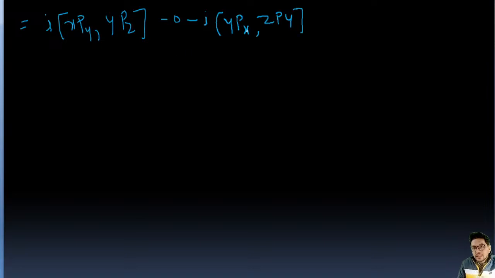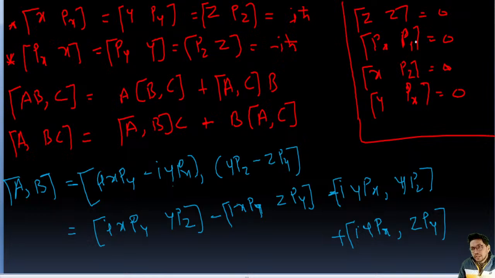Because here we can see ypy, which will give value, and here ypy is also going to give value. That's why we have taken these, and all else we have left, because these values are going to be 0 using these properties.